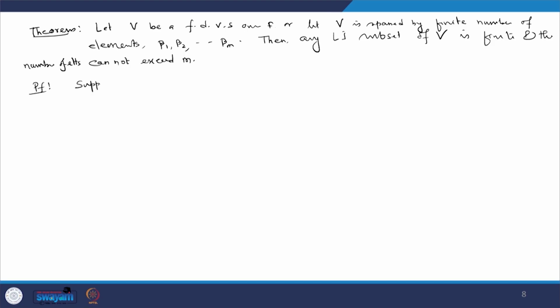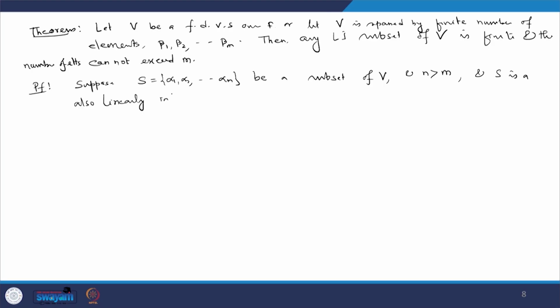Suppose capital S equal to {alpha 1, alpha 2, ..., alpha n} be a subset of capital V and n is greater than m, and S is also linearly independent. Suppose something like this.